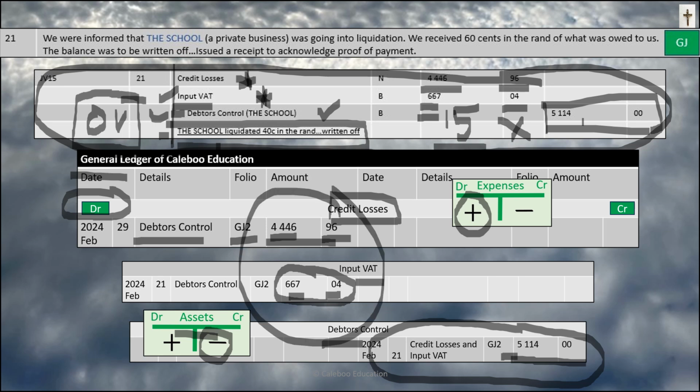So our debits equal our credits, and after this transaction the balance in the account of the school will be 0. And if we do further transactions with this client, it will not go into the school's account in the debtors ledger.